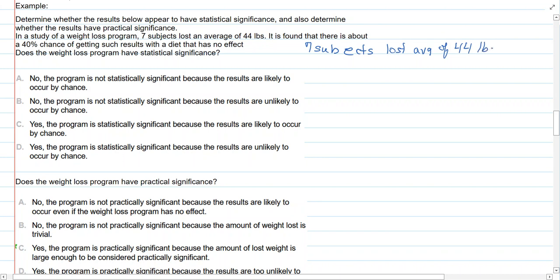Amazing. It is found that there is about a 40% chance of getting such results with a diet that has no effect.